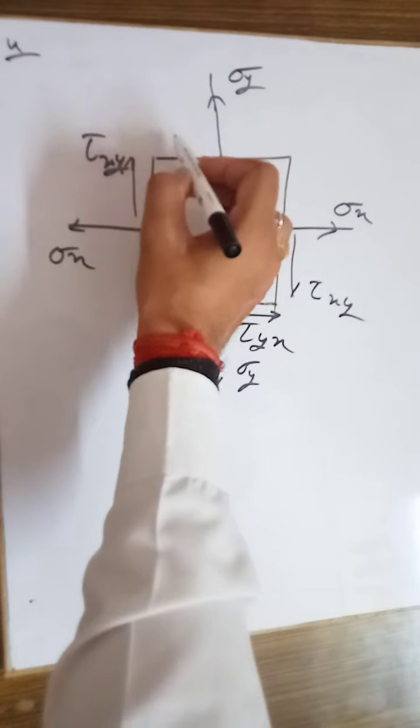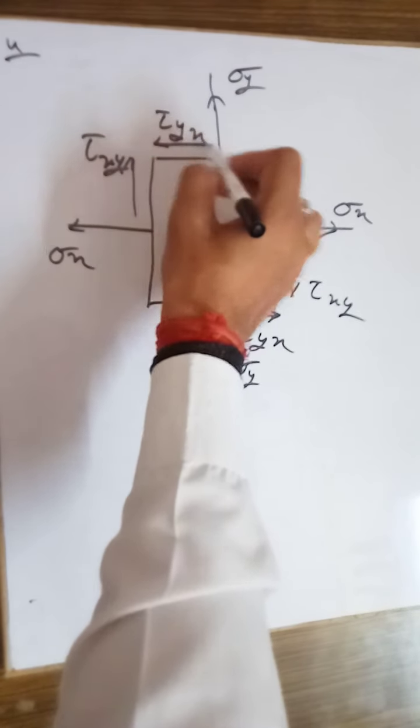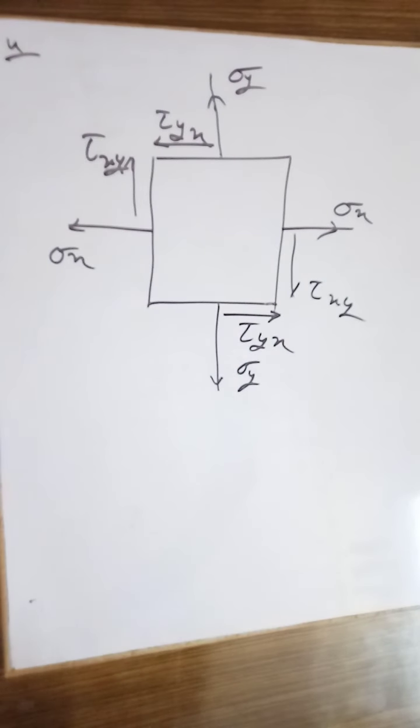Along this direction it is tau yx. Okay, so as shown in the figure, the components may be subjected to two normal stresses acting at right angles plus the shear stresses.